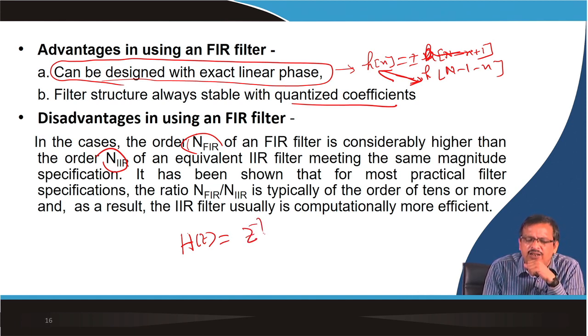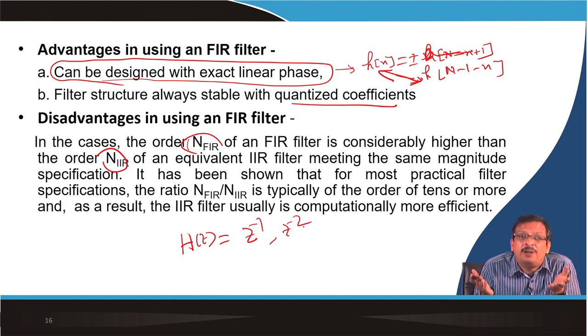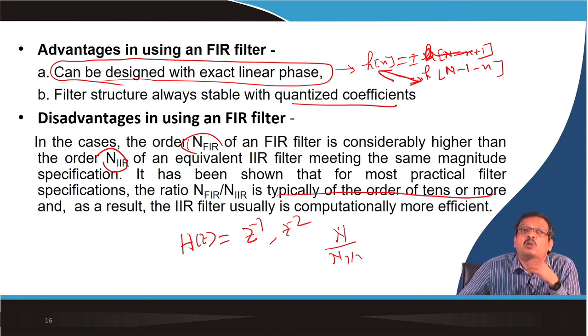Z to the power minus 1 and Z to the power minus 2. But think about a 350 coefficient FIR filter. So the order is 350. The order of FIR divided by the order of IIR is typically 10 or more. So it is 10 times more complex than the IIR filter.